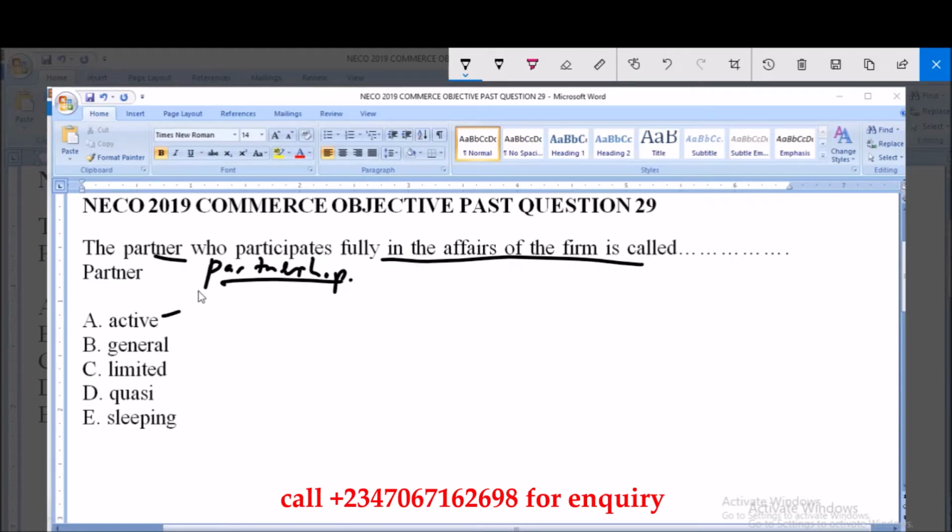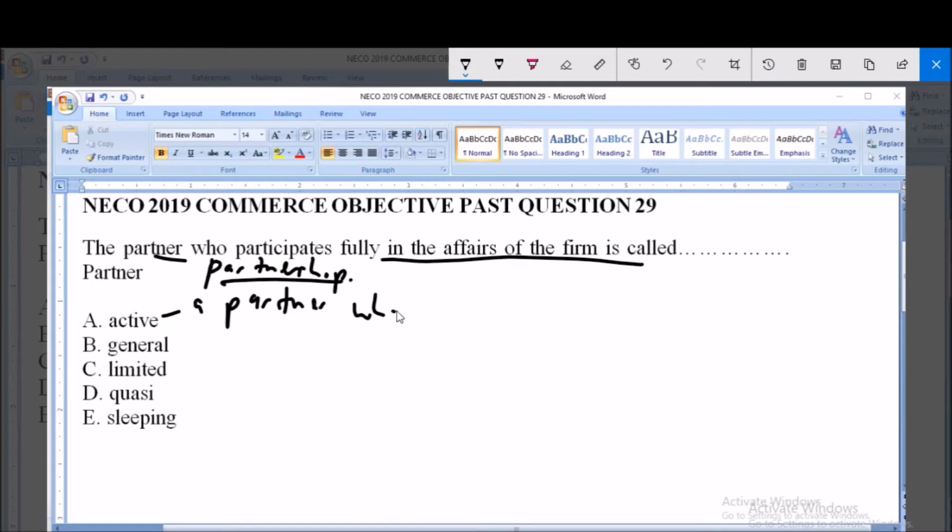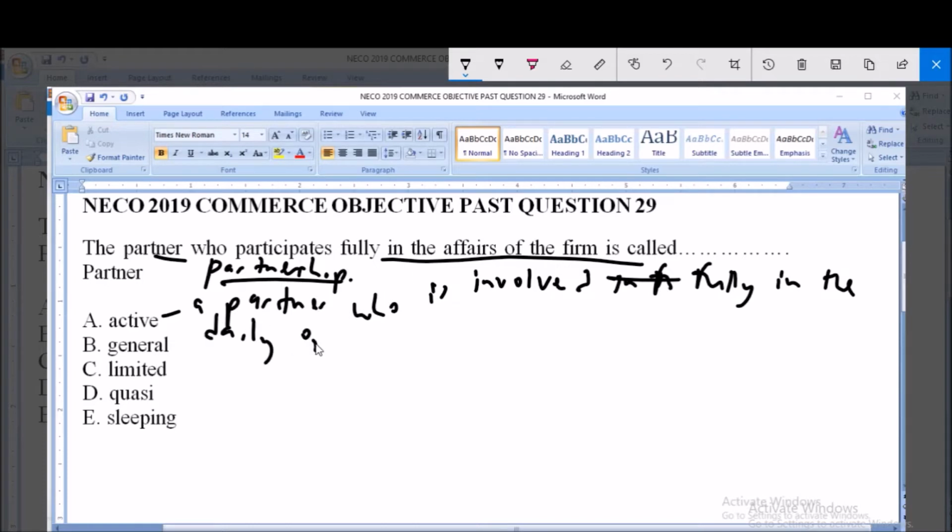Now option A, which is the active partner, is a partner who is involved fully in the daily operations of a firm or of the partnership.